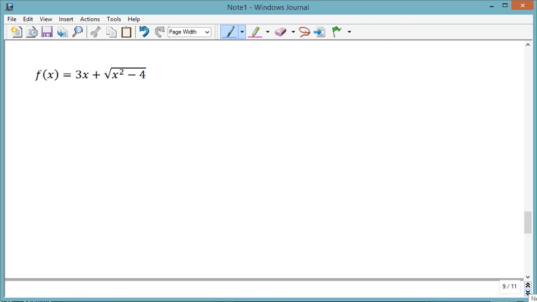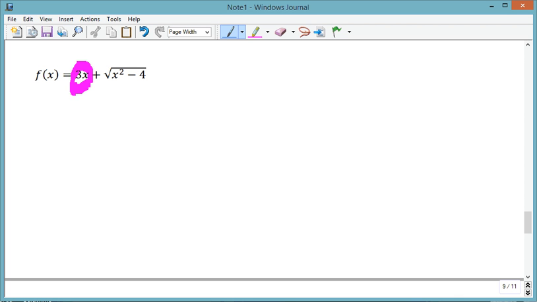Now, here's one of the reasons that we did that earlier section. I have a quadratic under the radical. And you might even think about the fact that this 3 out here, this 3x, it totally doesn't matter. It has absolutely nothing to do with the domain. It just doesn't matter.